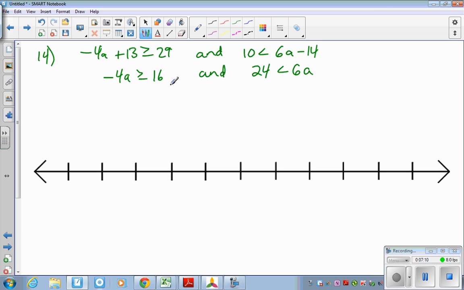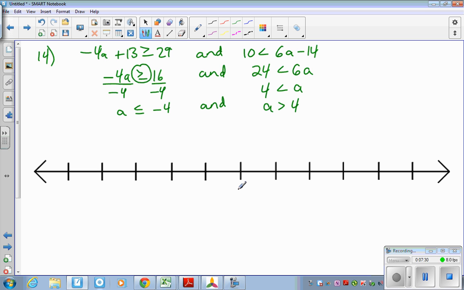Remember, when you divide both sides by a negative, we have to divide by -4 here. The sign switches, so it's going to become less than or equal to. And then this is 4 is less than a, which means a is greater than 4.